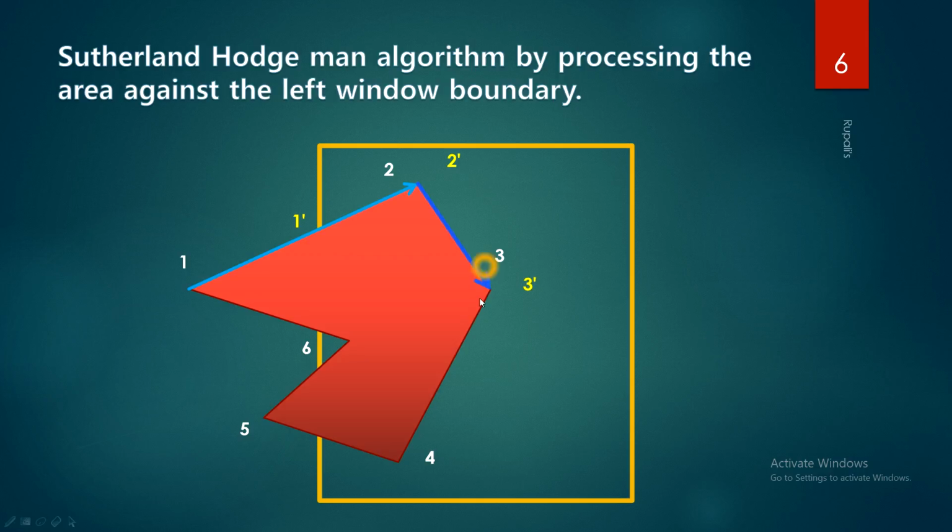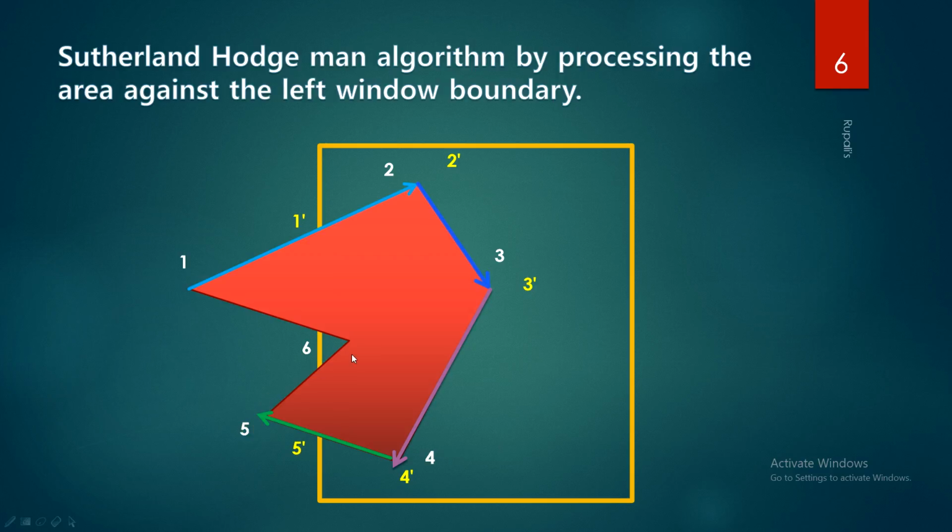Here also, from 3 to 4, both are inside, save the second vertex. This is 4 dash. Now from inside to outside, the first vertex is inside and the second vertex is outside, then save only the intersection point. This is 5 dash.